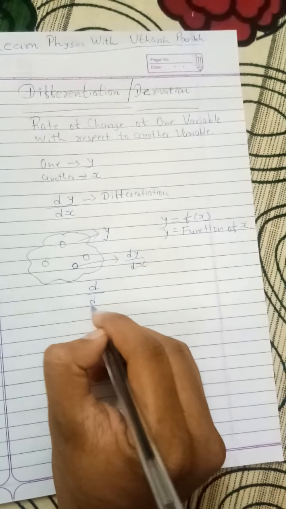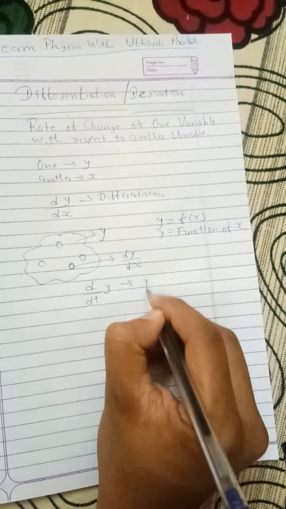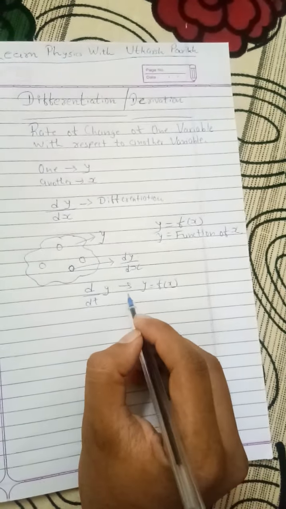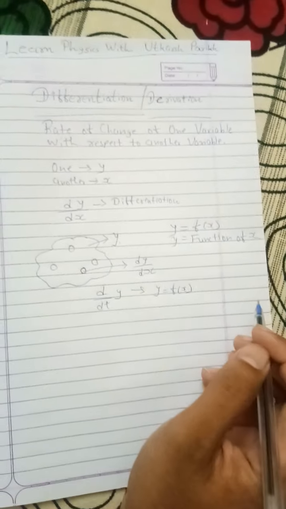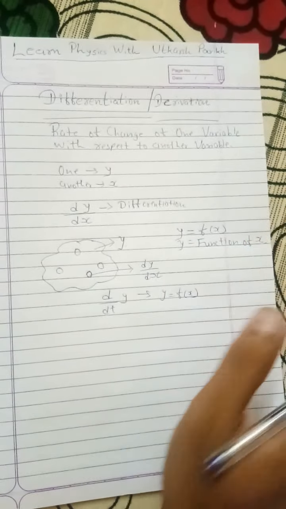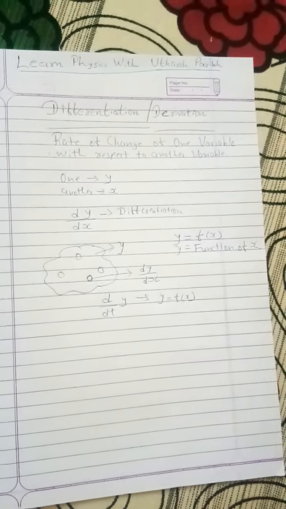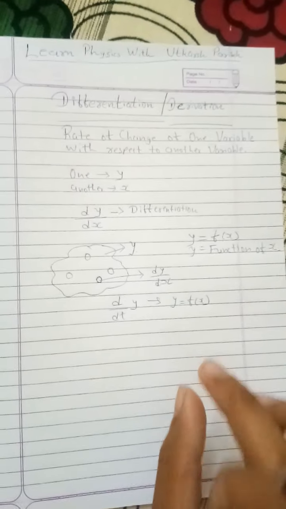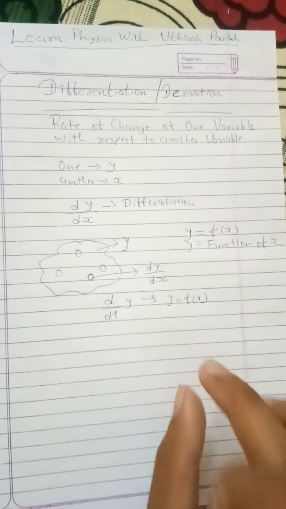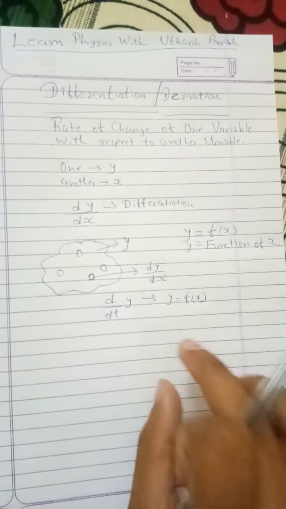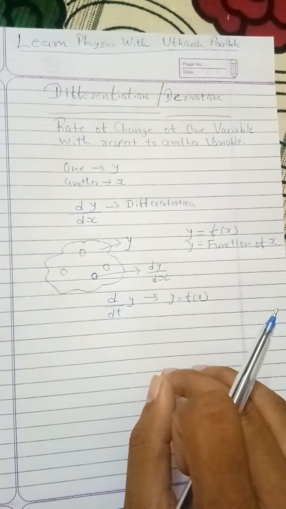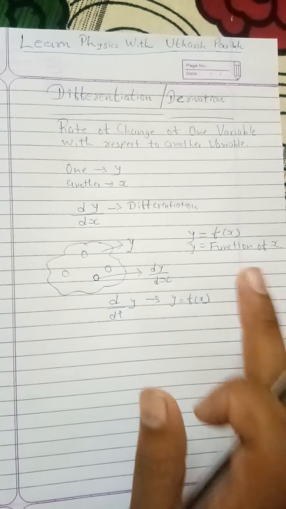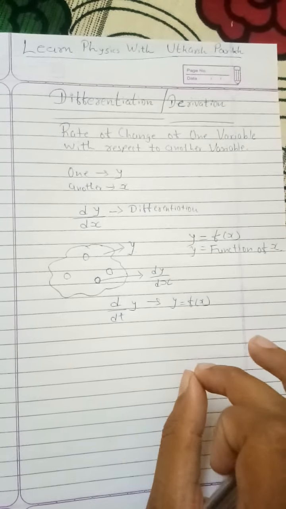If d by dt of y is given and y is a function of x, then some derivation is there, but the method is different, that we will learn in another topic, or you will learn in maths. Right now we are only learning the simple use of differentiation which we will use in physics. So we are not going in deep, just some small information regarding this.